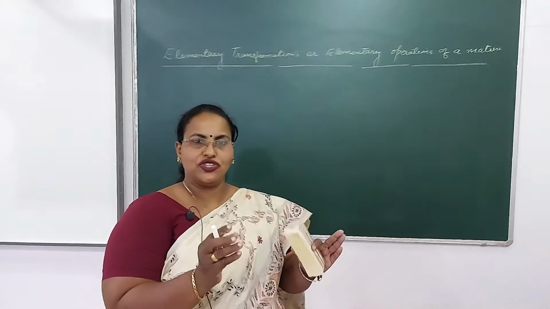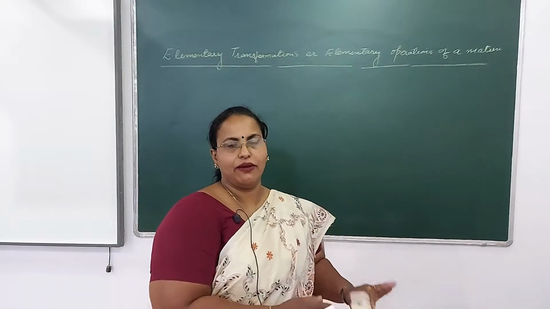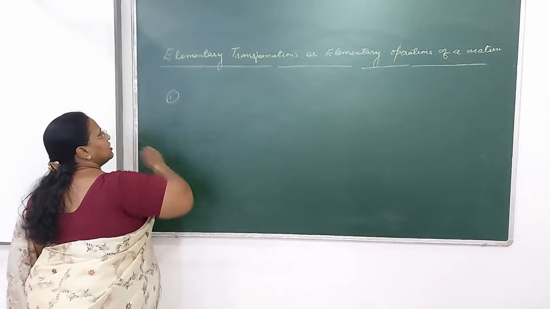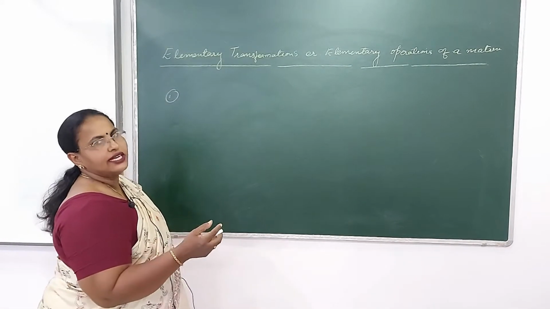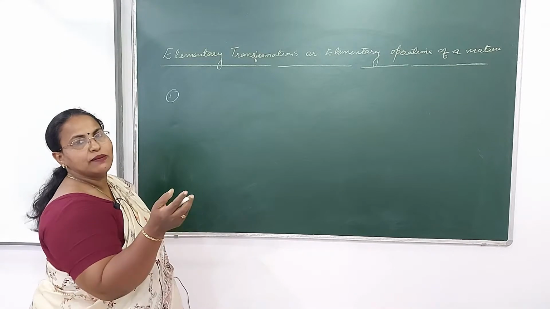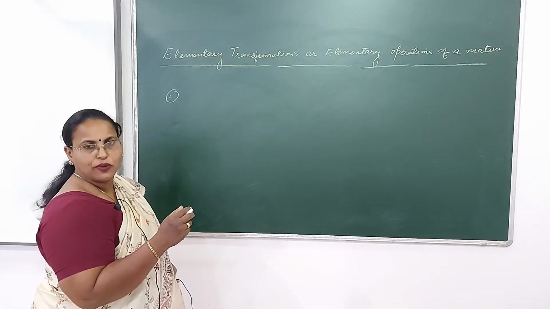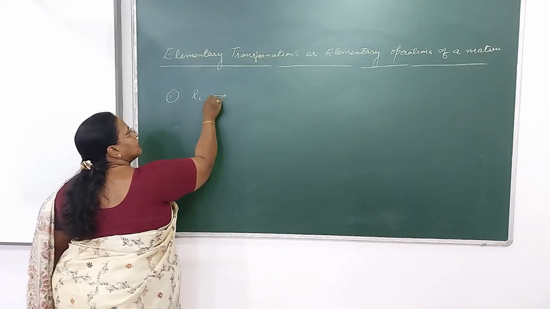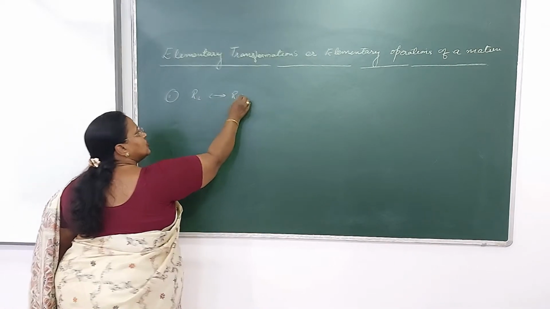Now all these operations are known to you, but once again I will be repeating them. The very first operation: when it is applied to a row, we call it a row operation, and when it is applied on a column, it is called a column operation. So any two rows or columns can be interchanged.